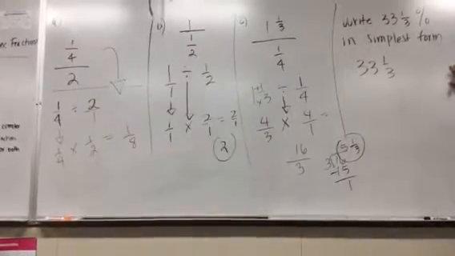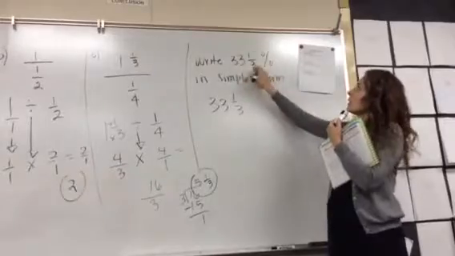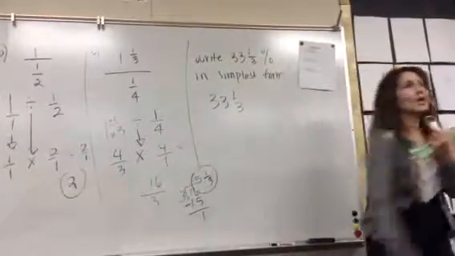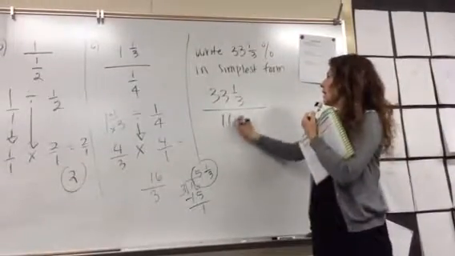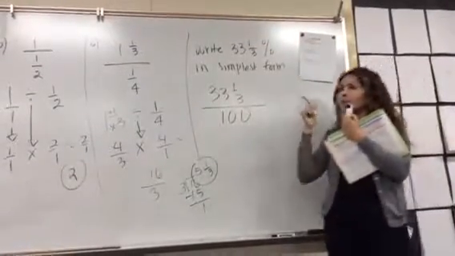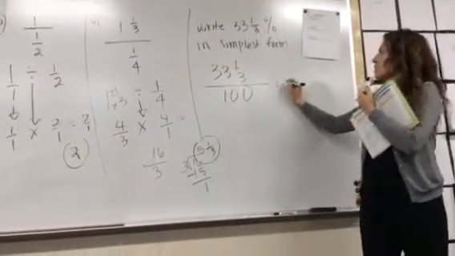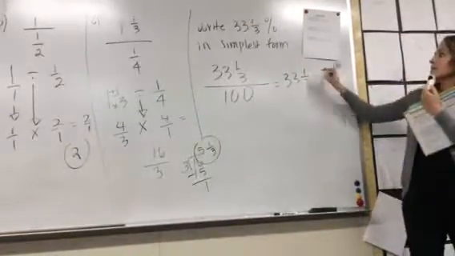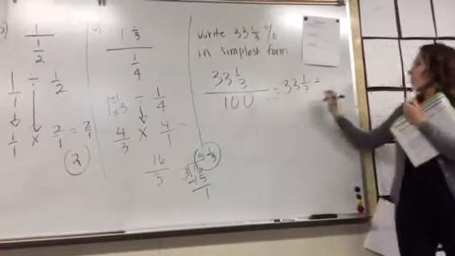Let's say they ask you to put a percent into simplest form. It says write 33 1/3 percent in simplest form. Well, percent is out of 100, so I'm going to literally divide this by 100. Now that I know how this is flowing, I do 33 1/3 percent, fraction bar, divided by 100.